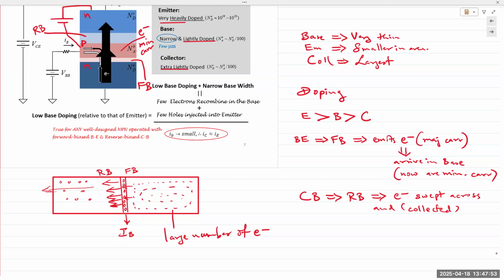The control comes from applying an AC signal at the base. So remember I said we apply a DC voltage, we set up a bias, we prepare our device to accept an AC input signal. So we apply an AC input signal at the base, which is alternating. And when it alternates, it's going to change our Q point. So it's going to vary the current, or the number of electrons that can cross over.